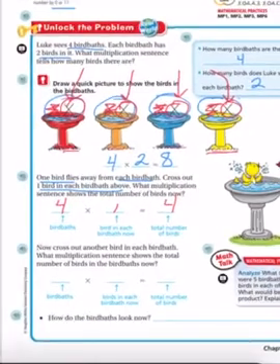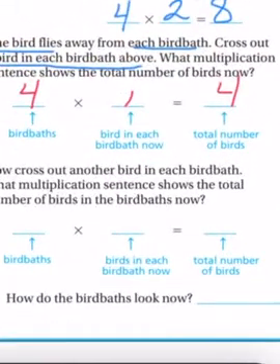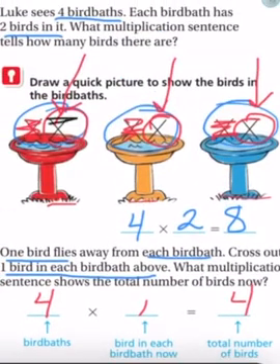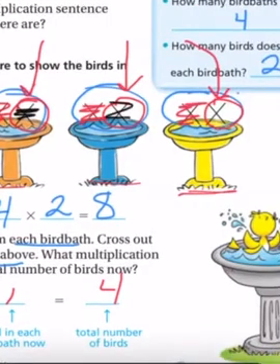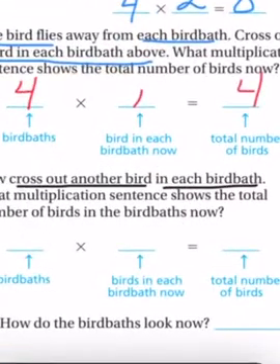Okay. Let's add to our story even more. It says, now cross out another bird in each bird bath. So I go back up to the bird baths, get rid of another bird in each one, leaving me with no birds, it looks like now, in each bird bath. What multiplication sentence shows the total number of birds in the bird baths now? Well, we still have 4 bird baths.